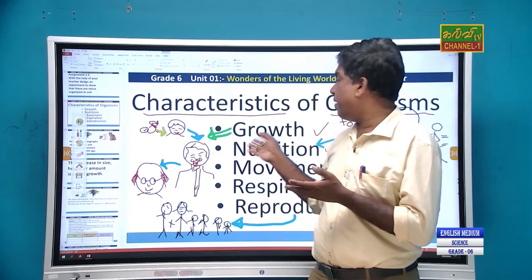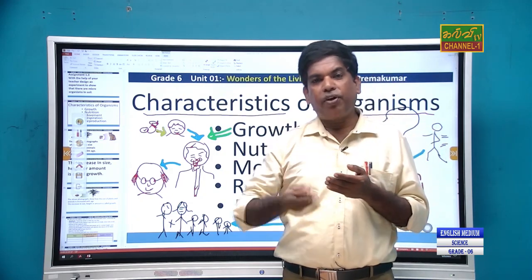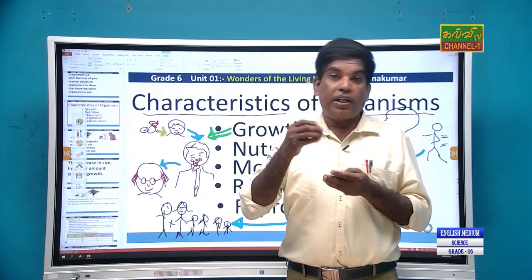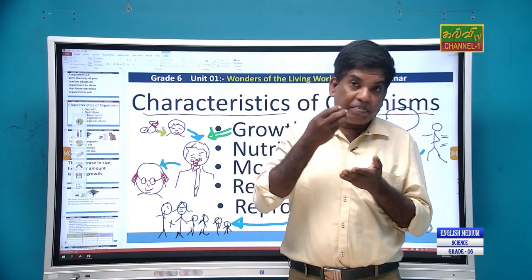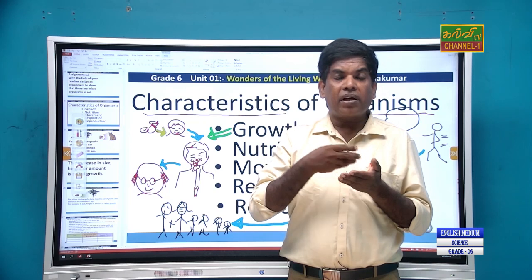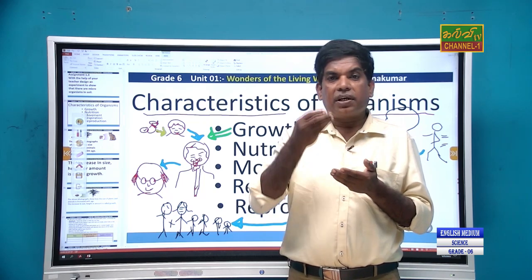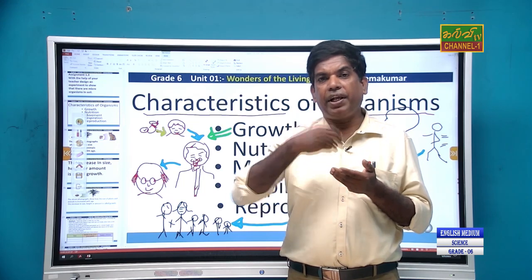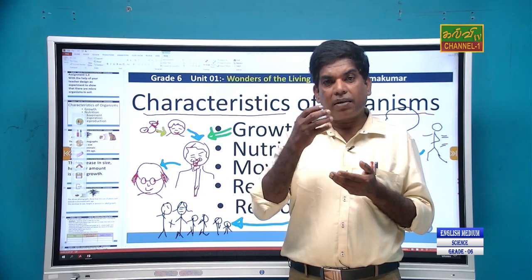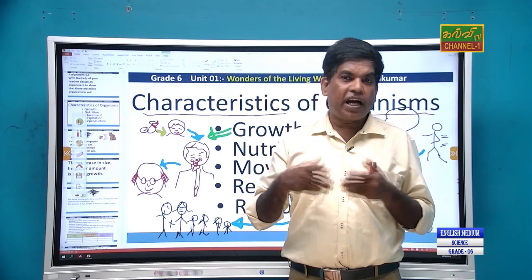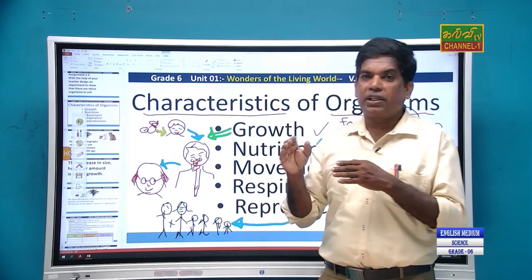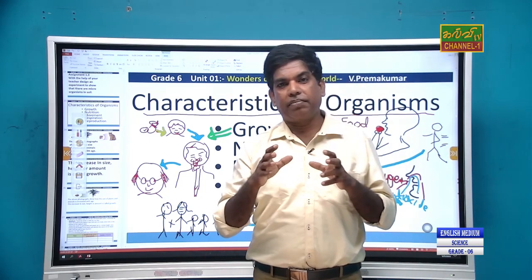The second one is nutrition. Every human, even in babyhood, is fed: mother's milk, breastfeeding, and after that a little rice and solid feeding. So food is compulsory to live. Therefore, nutrition is important for organisms.